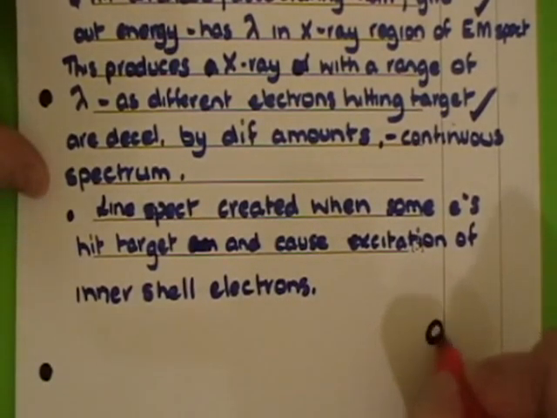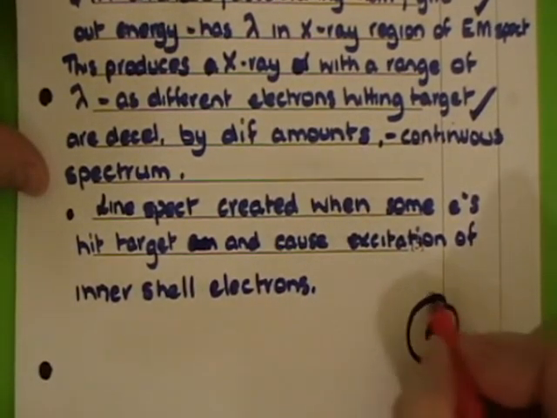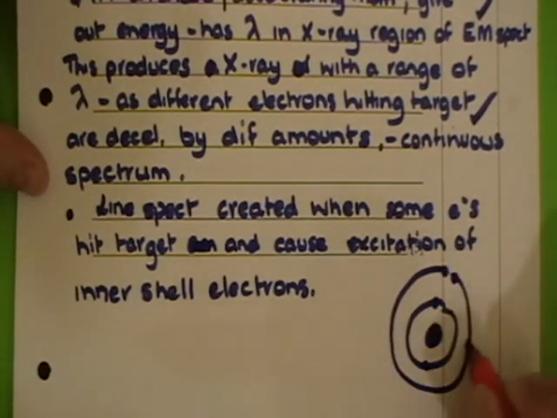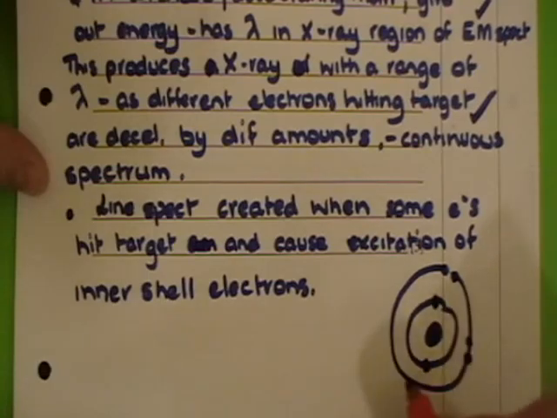So if I just draw, if that's the nucleus of an atom, and there you've got electrons in shells, as you'd have met in chemistry before.